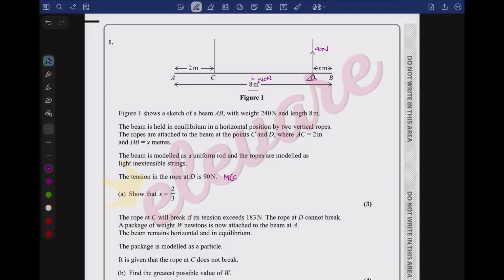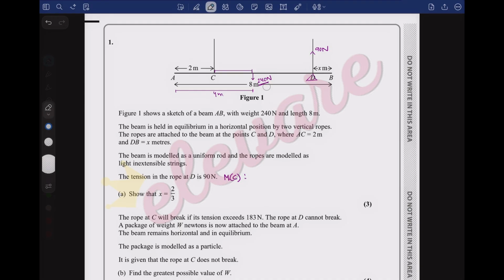Moments about C. You write it like this, exactly like this. And then what's the first force? We have the weight here, 240 newtons. What's the distance of this force from the pivot, from point C? Well, we do know what this distance is. This is going to be 4 meters. How do we know that?